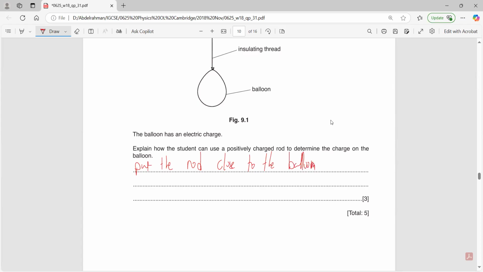If the balloon is repelled, then the balloon is positive. If it attracts, then it's negative. That's all you need to say.